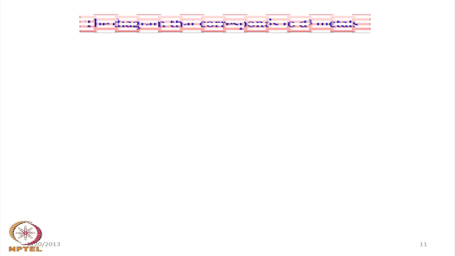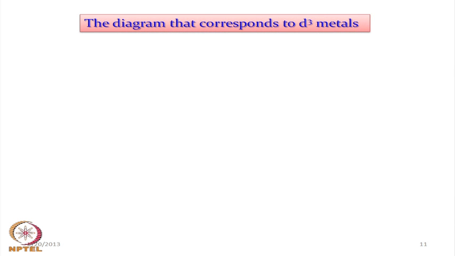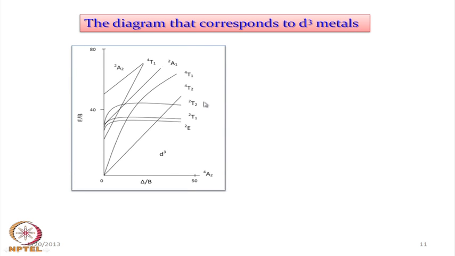So, these levels basically correspond to some transitions. If we see one such transition in the Tanabe-Sugano diagram, we will find how we can plot these values. For a d3 metal ion we can get these particular levels.